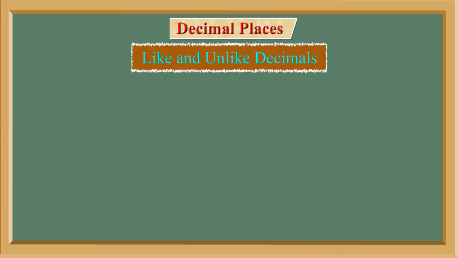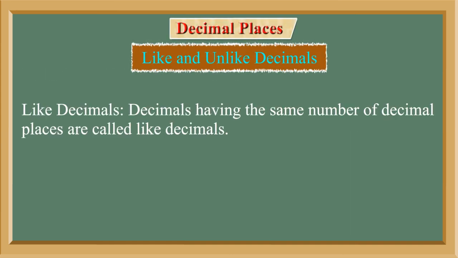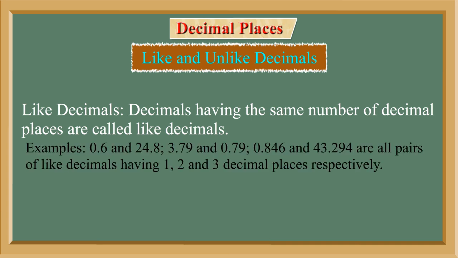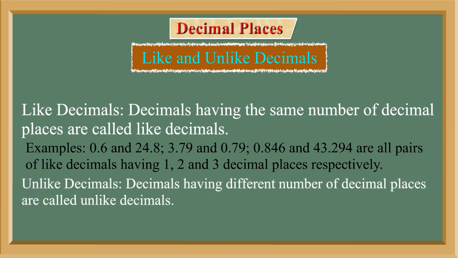Like and unlike decimals. Decimals having the same number of decimal places are called like decimals. Examples: 0.6 and 24.8, 3.79 and 0.79, 0.846 and 43.294 are all pairs of like decimals having 1, 2 and 3 decimal places respectively. Decimals having different numbers of decimal places are called unlike decimals.